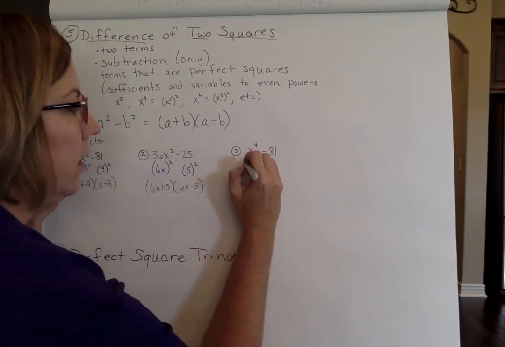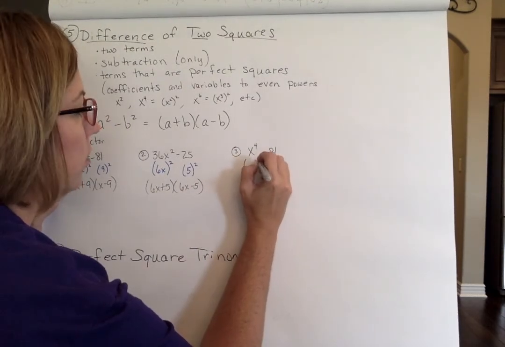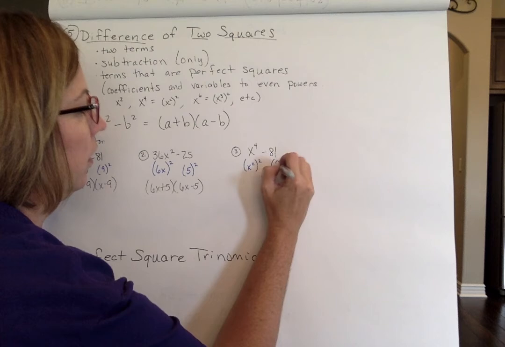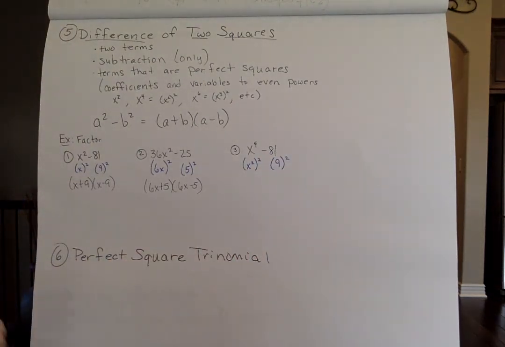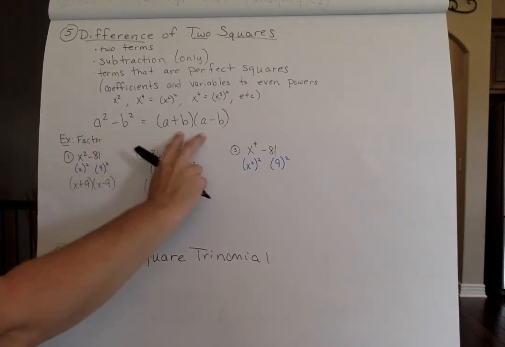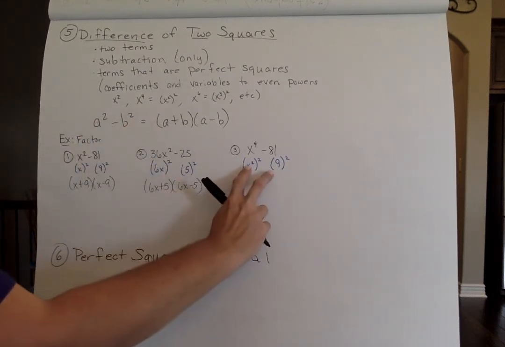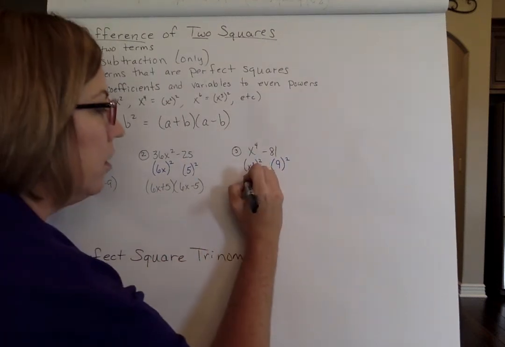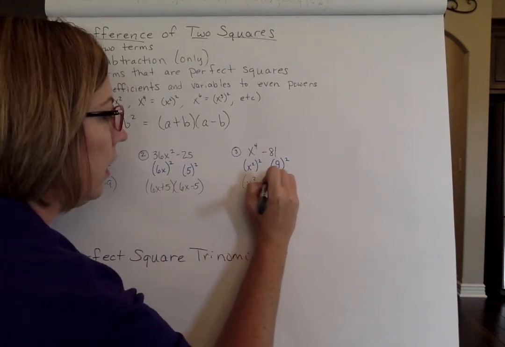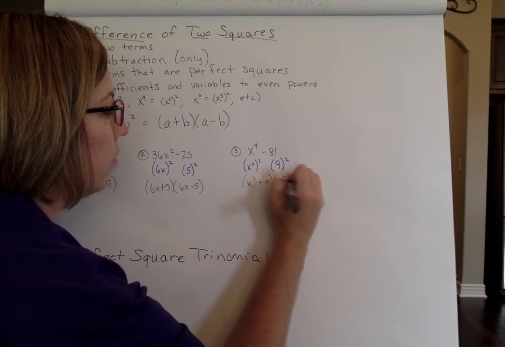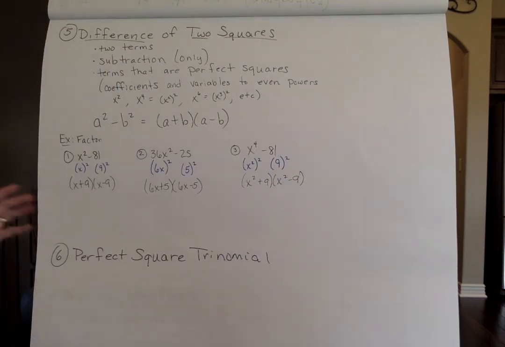In fact, it is x squared squared, as we mentioned earlier. And this is 9 squared. So that when we, again, follow our pattern, instead of A and B, I'll have x squared and 9. So I'll have x squared plus 9 and x squared minus 9.